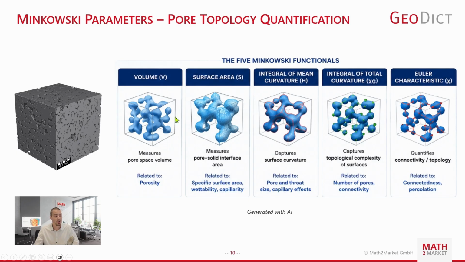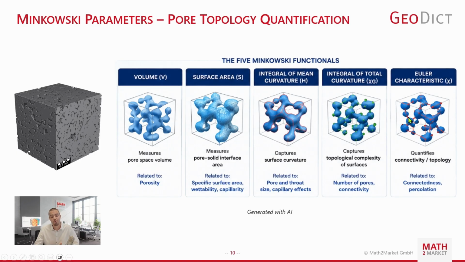They basically measure pore volume, then the interface and surface area and integral of the total curvature, and finally the Euler characteristic that basically measures the connectedness between different pores.